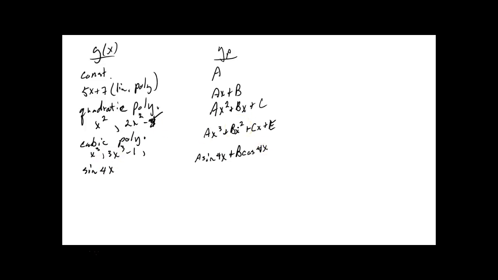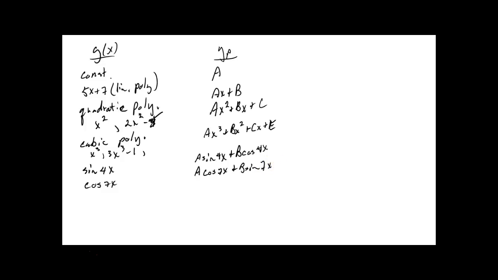That doesn't change. But you need both sines and cosines, and you need those coefficients. Similarly, what do you reckon it is for cosine 7x? A cosine 7x plus B sine 7x, or any order, it doesn't matter which one you put first. Absolutely.